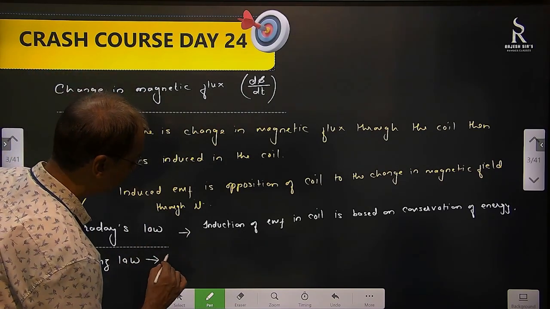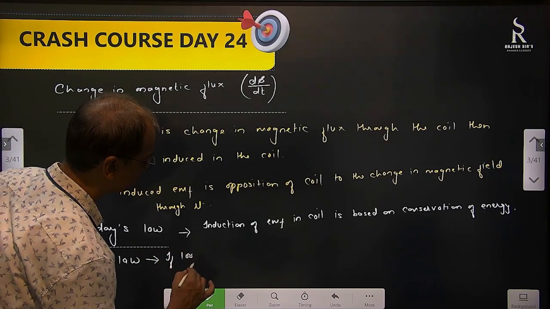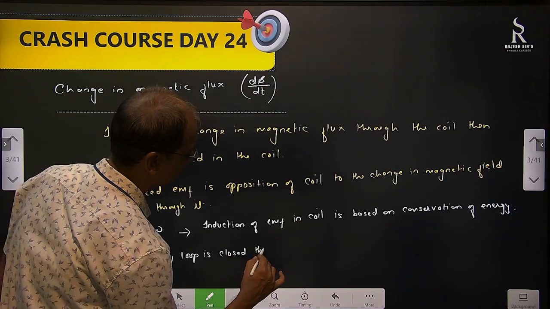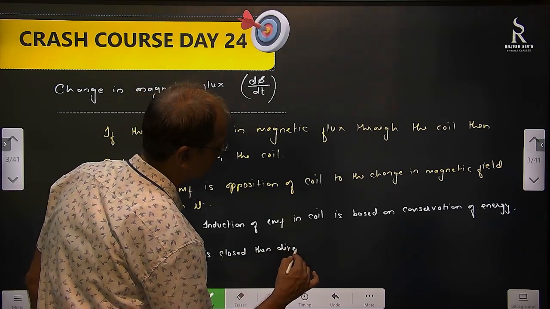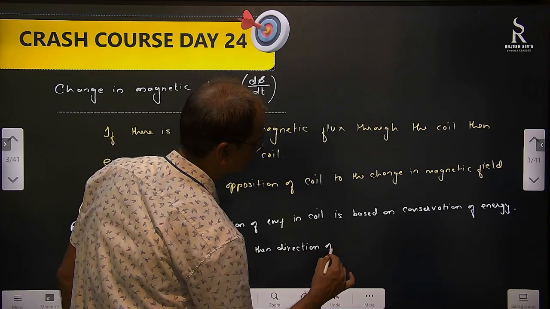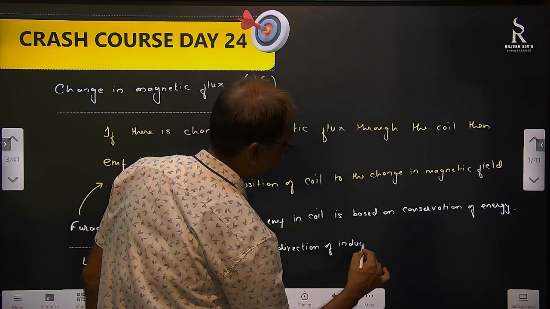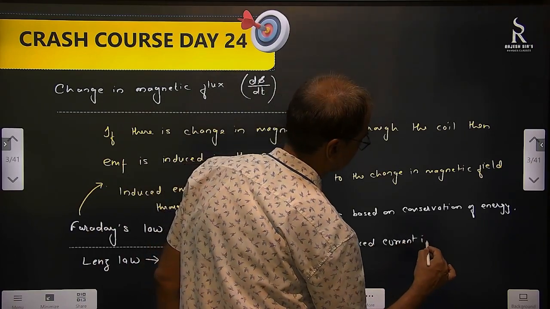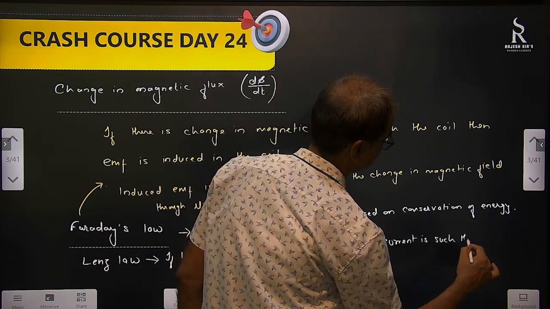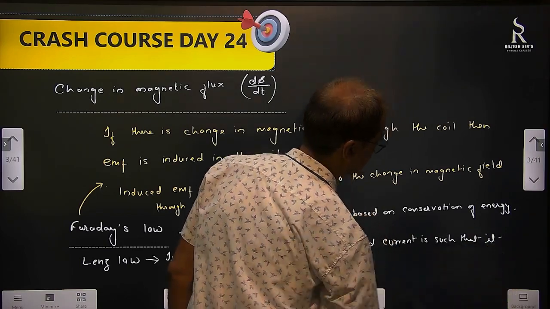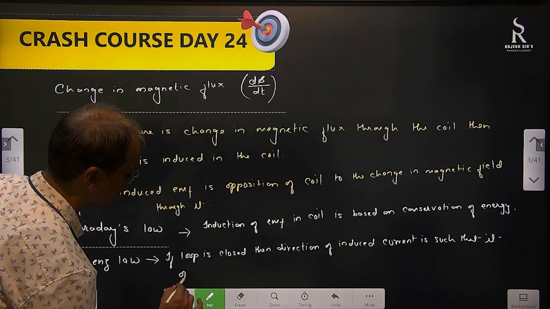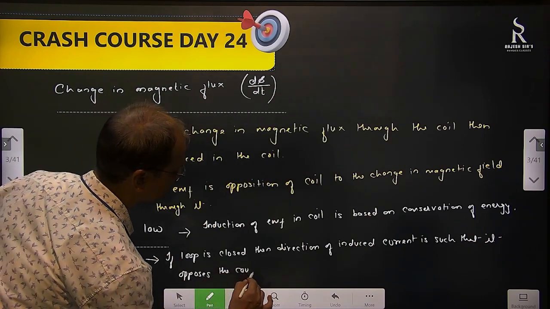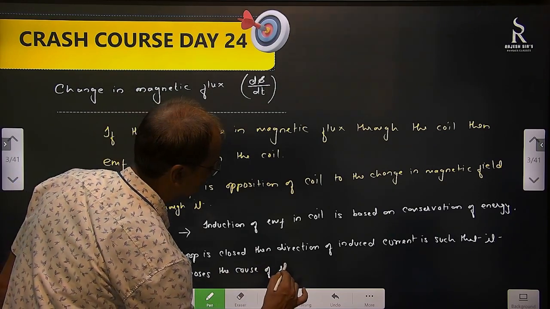It says if the loop is closed, or the coil is closed, then the direction of induced current is such that it opposes the cause of its induction.